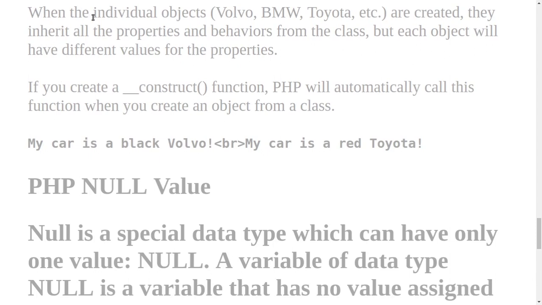When the individual objects Volvo, BMW, Toyota, etc. are created, they inherit all the properties and behavior from the class, but each object will have different values for the properties.